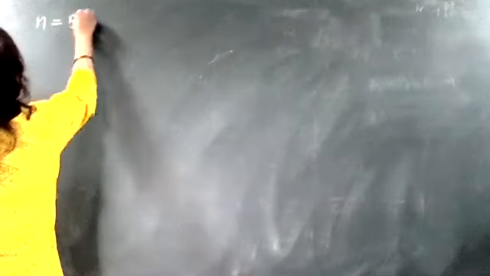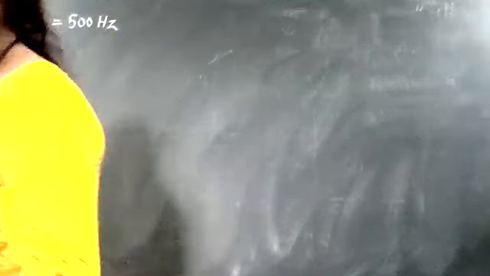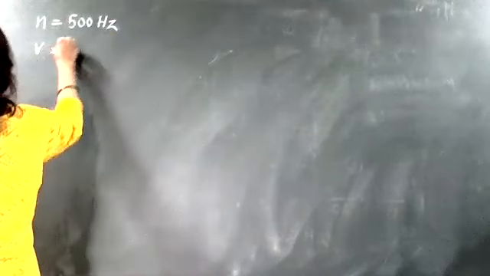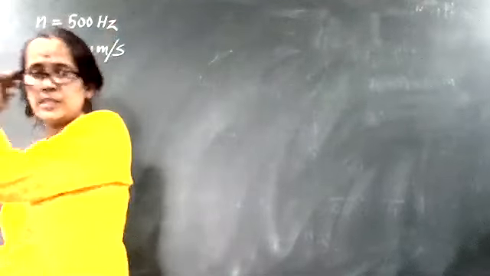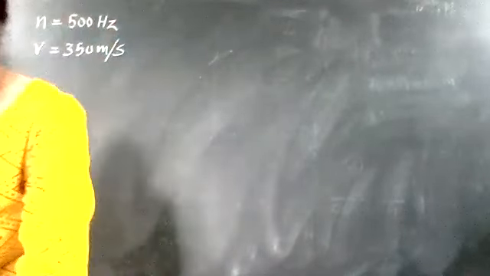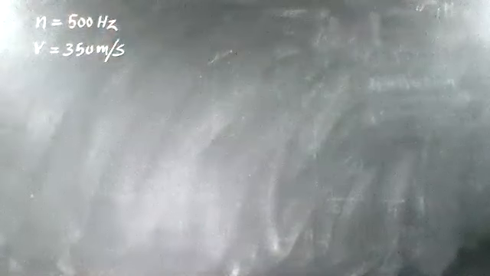So you have given frequency equal to 500 hertz, and it is moving with speed, which is nothing but 350 meter per second. Now what is the first question asked? What is the phase difference?